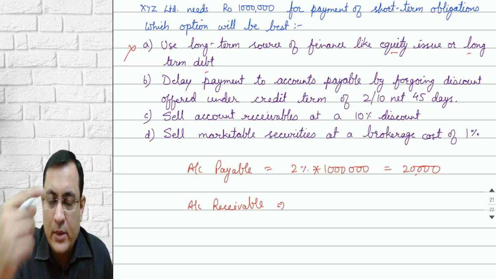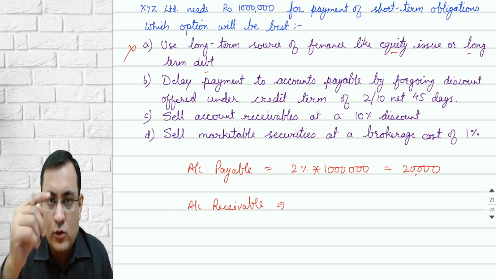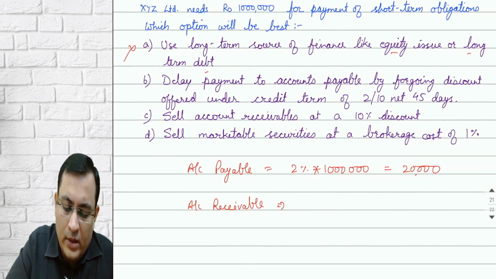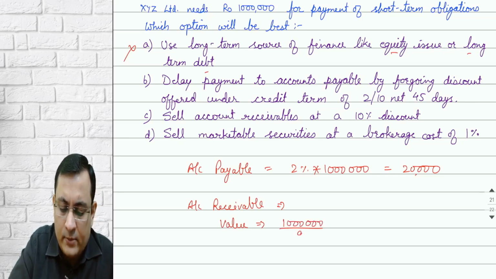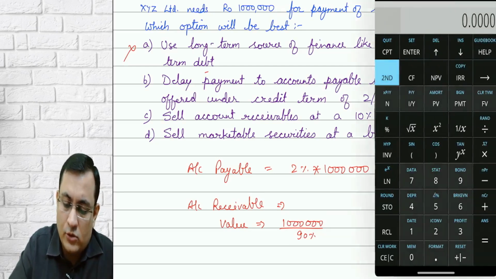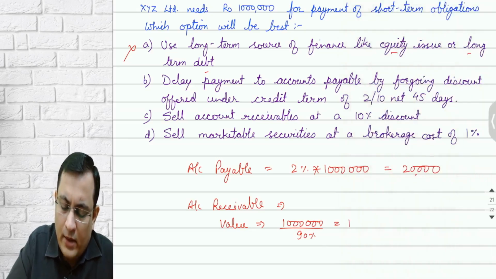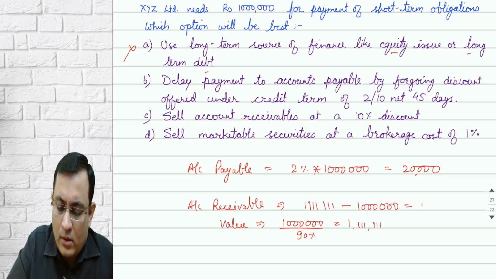If receivables are being sold at a 10% discount, this 1 million is equal to 90% of the accounts receivable. So the gross value will be 1 million divided by 0.9, which is 1,111,111. It means the cost will be 1,111,111 minus 1 million, which is how much?